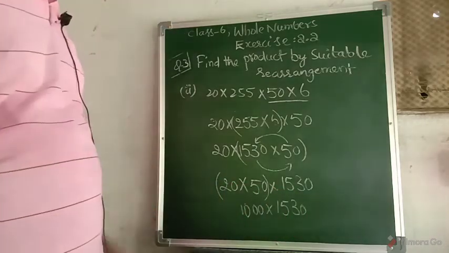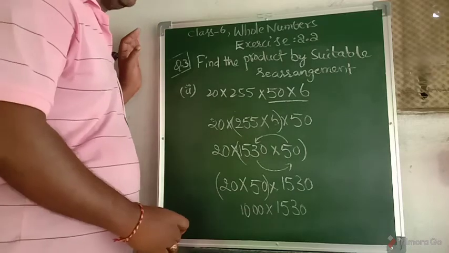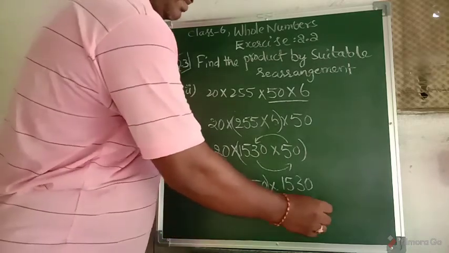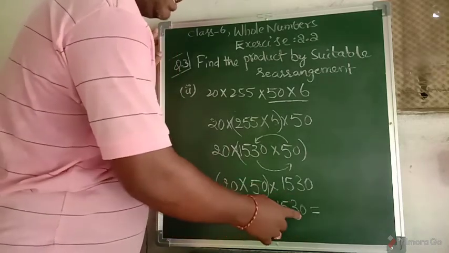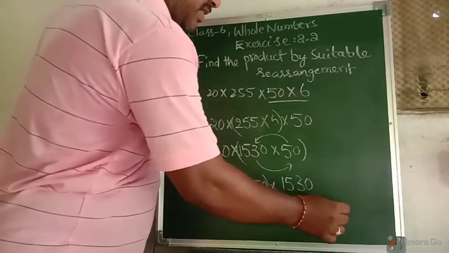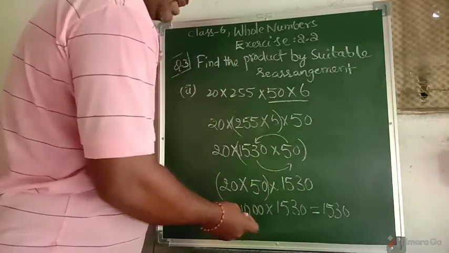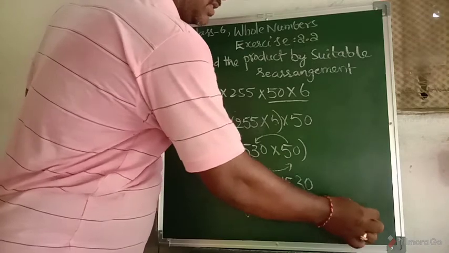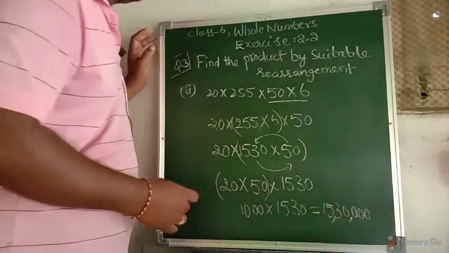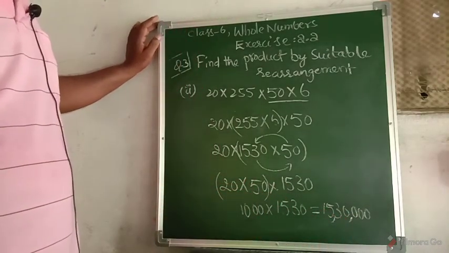I think it is very easy to find the product of this type of numbers. 1 into 1530 is 1530, and 3 zeros I just added to show the product of the given four numbers.